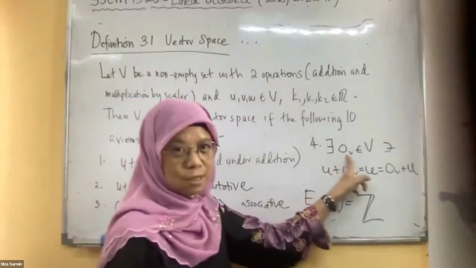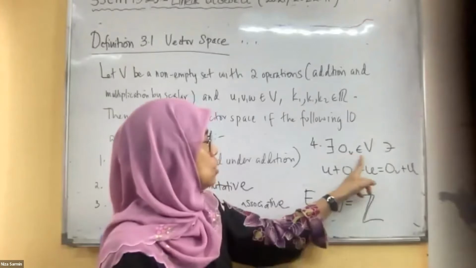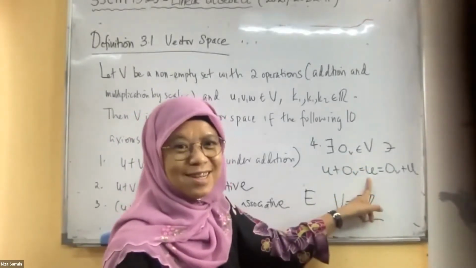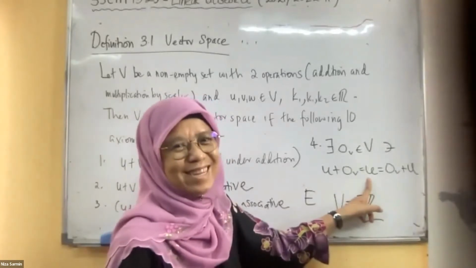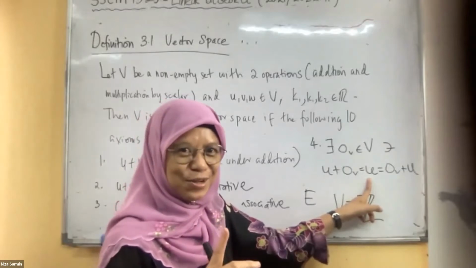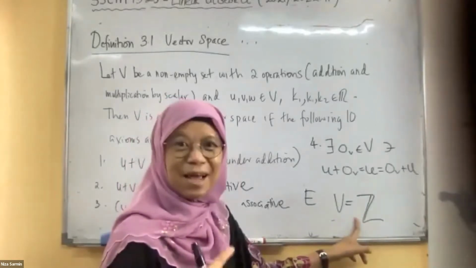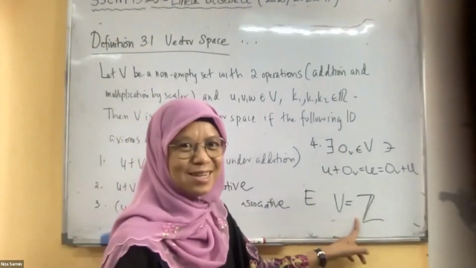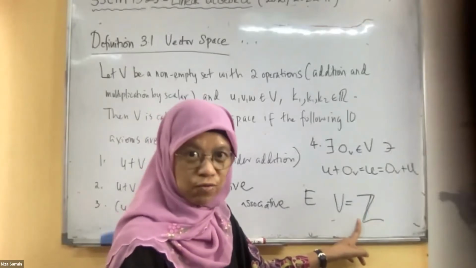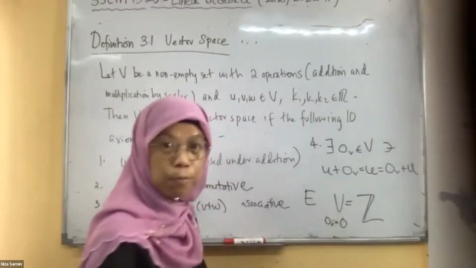What is a number or integer such that when you add to another integer, you get that number back? 2 plus what is 2? So the 0 vector in this set is the number 0. That is how you have to find the 0. We call it the 0 vector. So in this one, 0v is just the number 0.